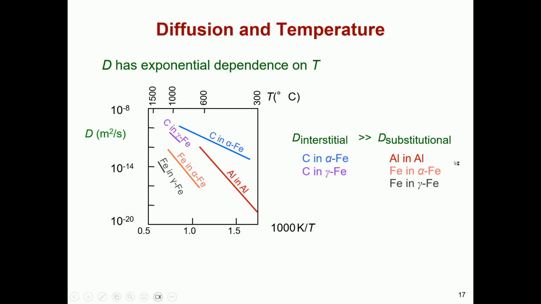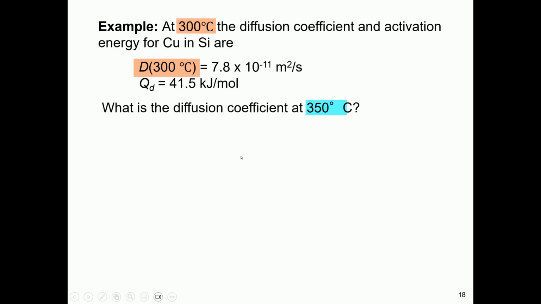However, remember that interstitial diffusion is not always faster. If the interstitial formation energy is very high, overall diffusion may be slower despite the lower migration energy barrier, because so few interstitial sites occur inside the material.